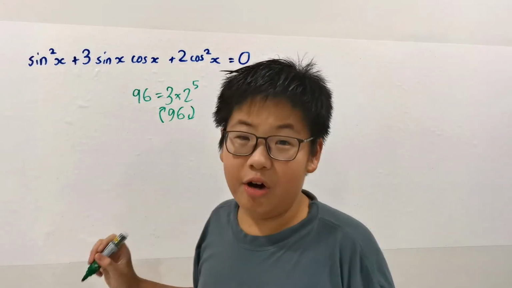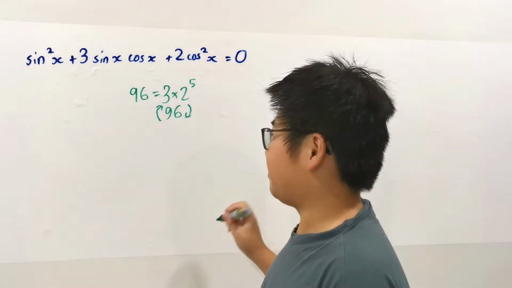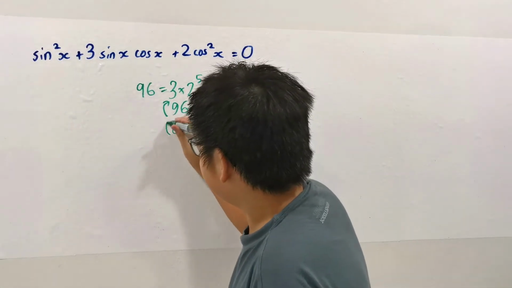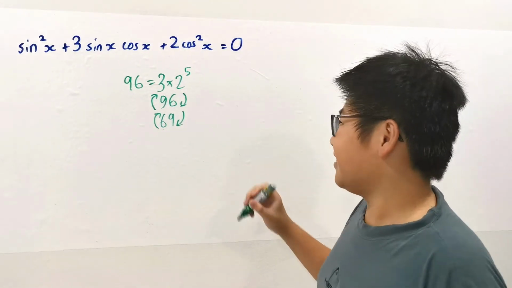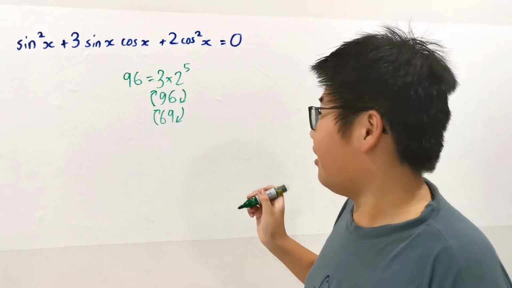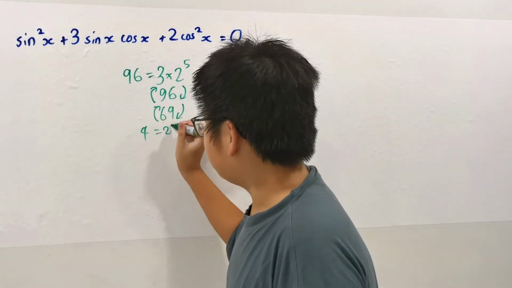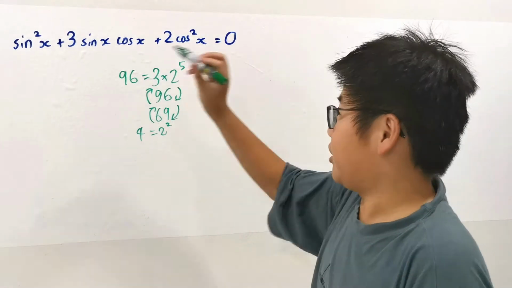That's why it's sometimes called a strobogrammatic number. Interesting fact about 96: 69 is also strobogrammatic, and 100 minus 96 is 4, which just so happens to be 2 squared. Well, enough facts. Now let's go to this question.